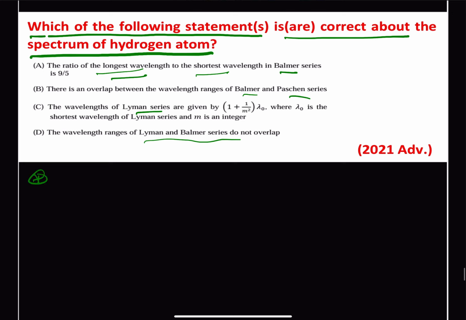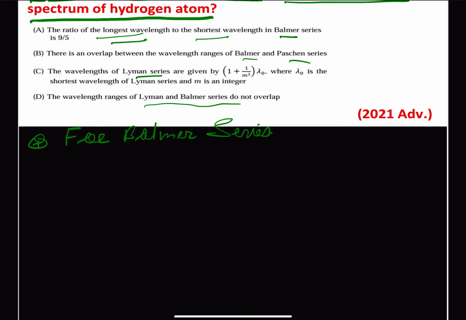So we can say for Balmer series, our value of n1 is equal to 2.